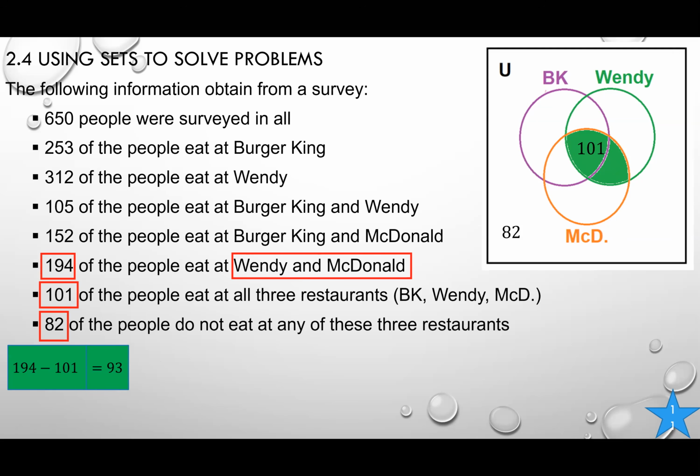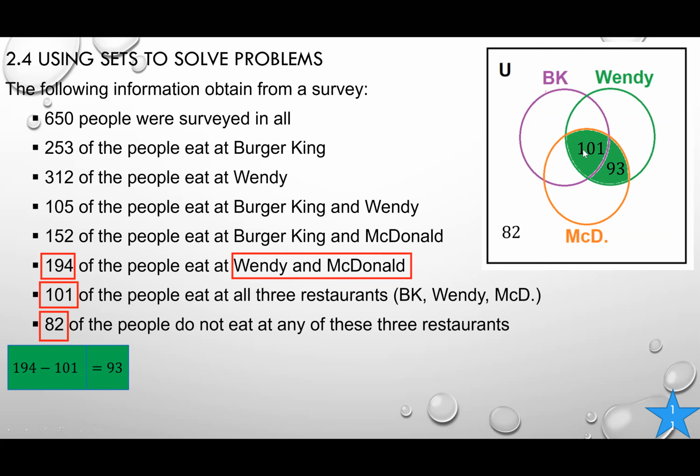You need to take 194 and minus the 101 to give you the leftover of 93. Those two regions total 194, so already we used 101. We subtract that from 194 to give us 93, or in other terms, 101 plus 93 to get 194.